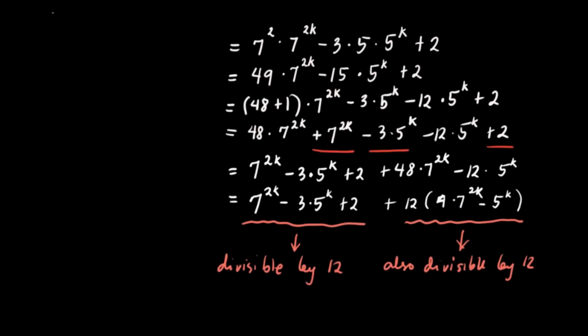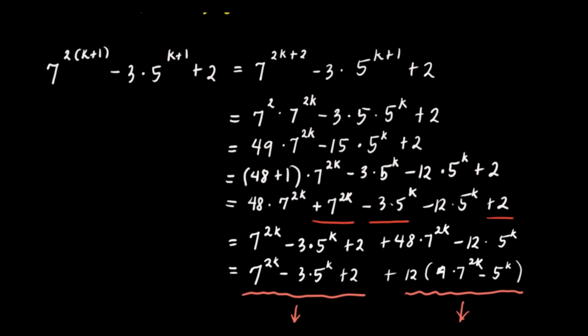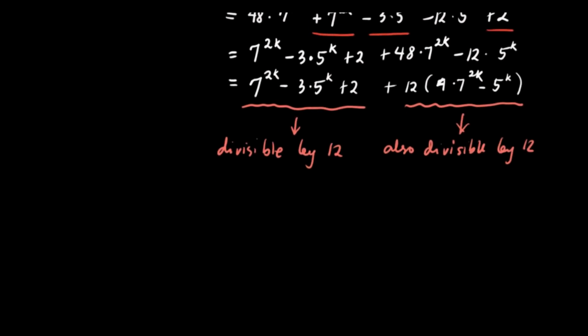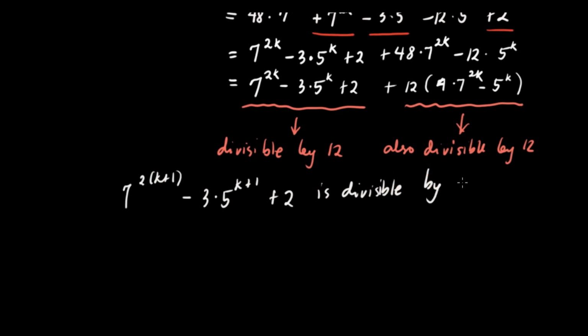So, therefore, ito yung pinanggalingan niya, 7 raised to 2 times k plus 1 minus 3 times 5 raised to k plus 1 plus 2. Ito, naging ganito siya, is divisible by 12.